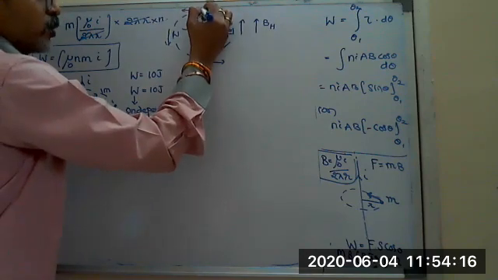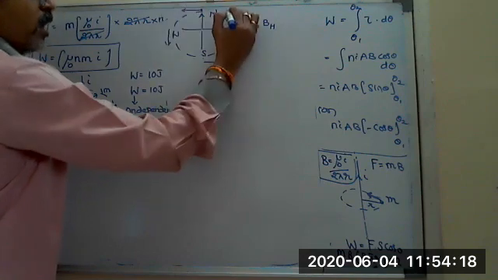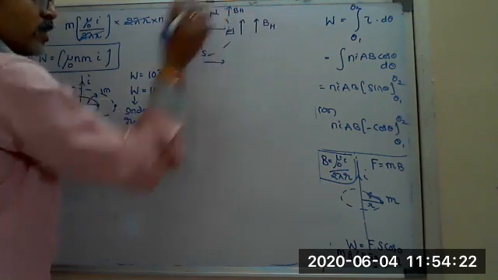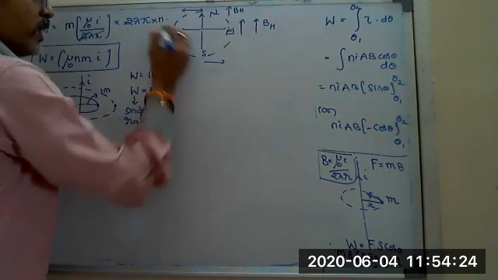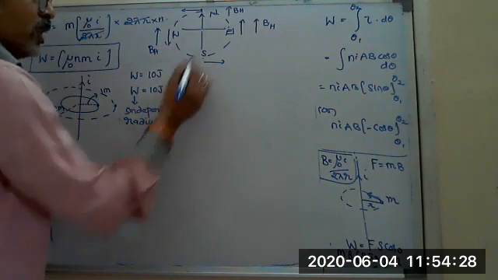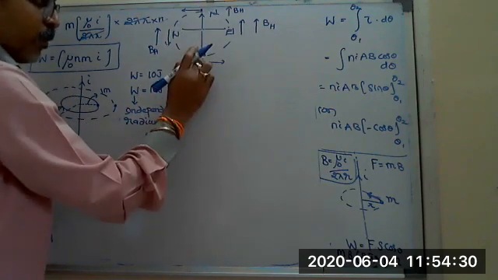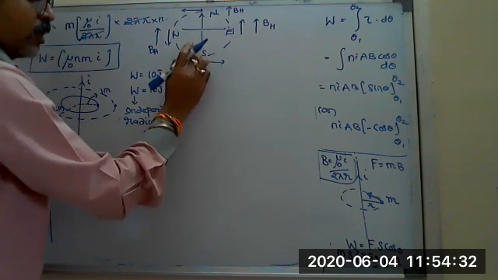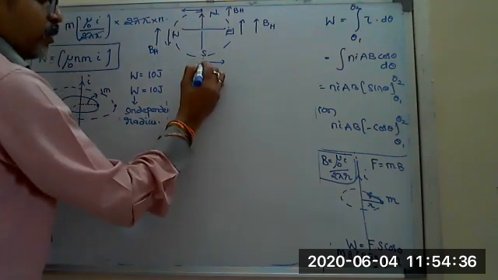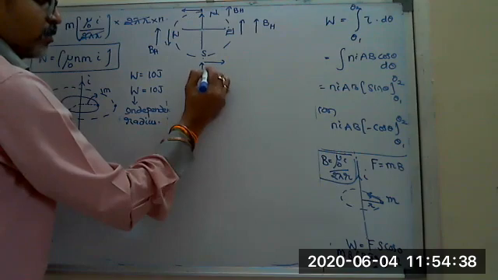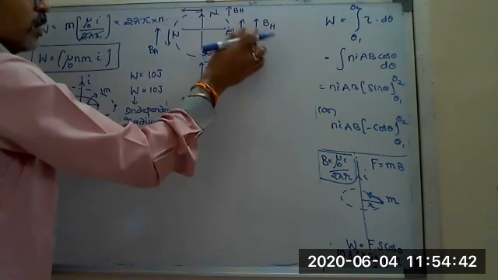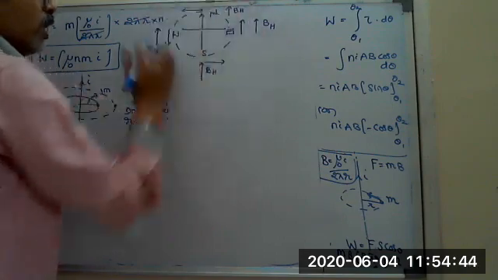Even at a point towards north, you will get BH in the upward direction, towards north. Here also I get it from south to north. This is the direction of BH. And towards the south, I will get BH in this direction. BH is always from south to north, at any point.